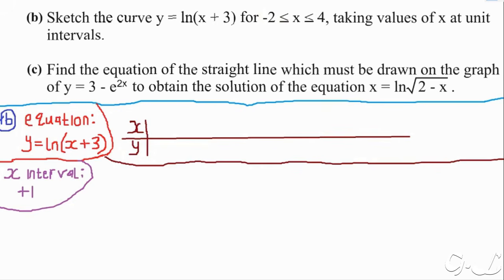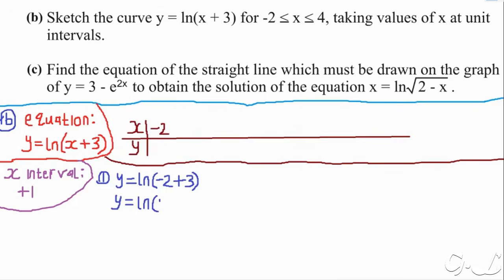That is the statement, so we are going to start from negative 2. Now, for us to find the y coordinate, we have to replace that one in the equation where there is x, and then we do the calculations.